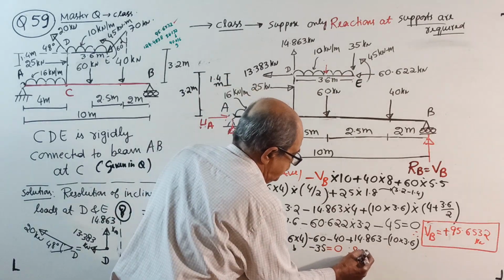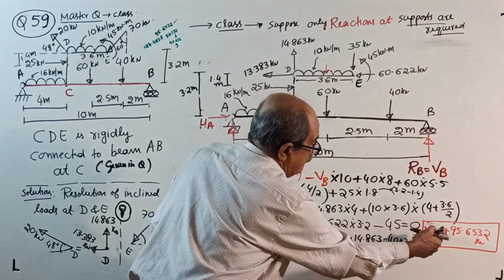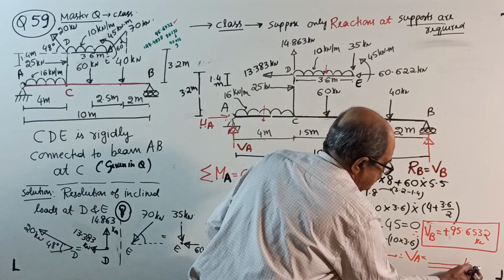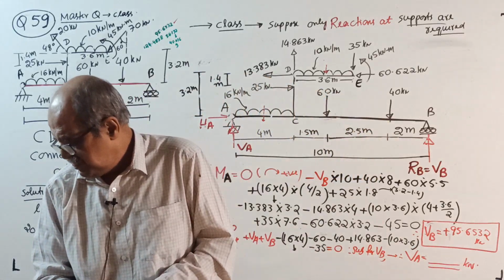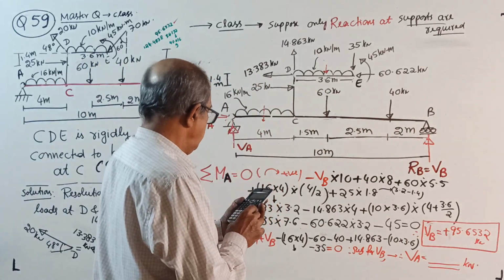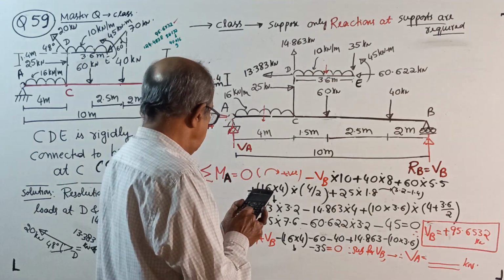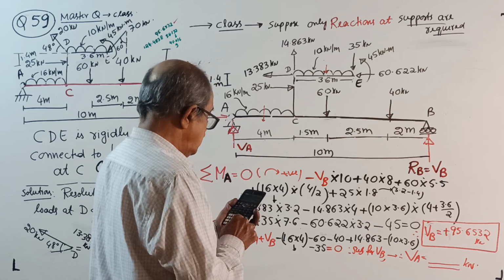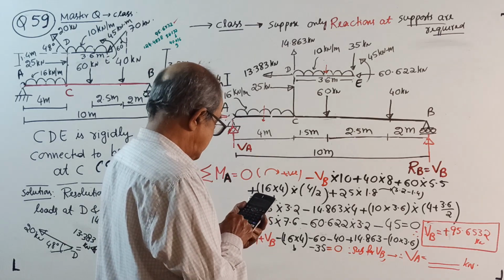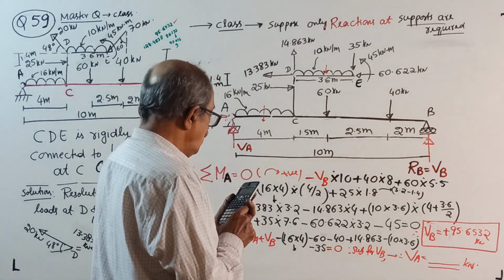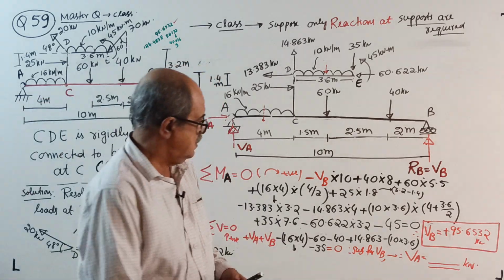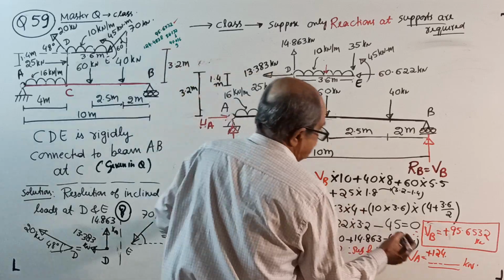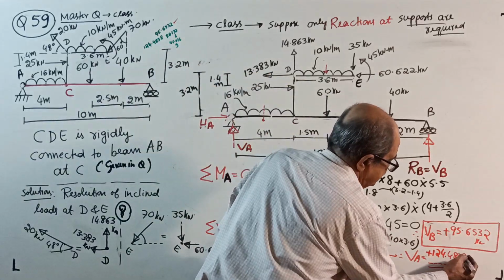Now, substitute for VB. Whatever VB you got, you will get VA in kilonewton. 95.6532 minus 1 plus 16 into 4 plus 100 plus 14.863 minus 1 plus 10 into 3.6 plus 35. 124.4838. 120 plus 124 point, yes, I got the same answer, 124.4838 kilonewton.